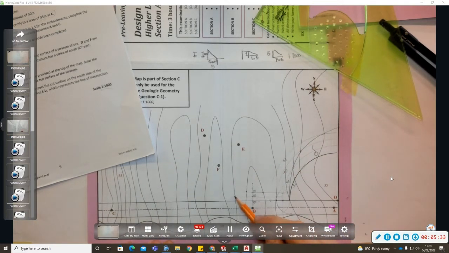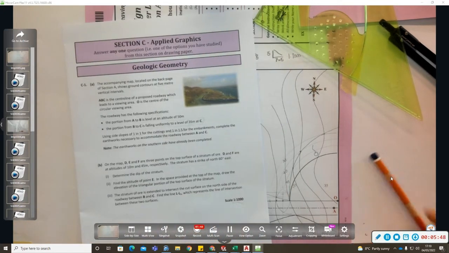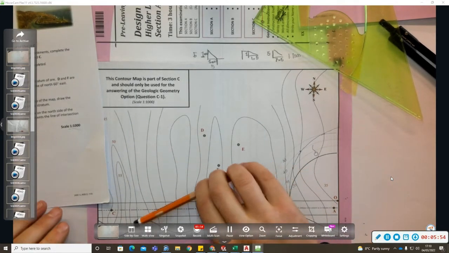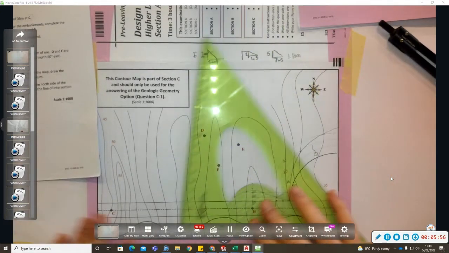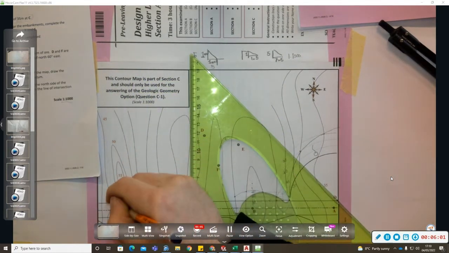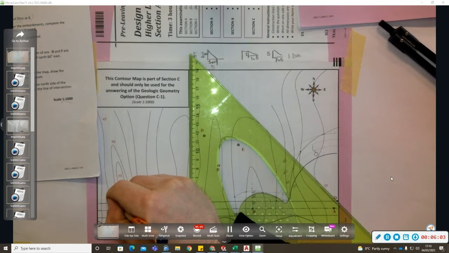I'm going to lightly sketch them in because B to C is falling uniformly to a level of 35 meters at C. So from B to C it's going downwards. So this point here is 35 meters.